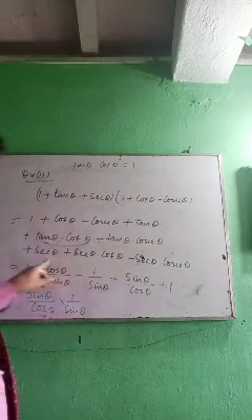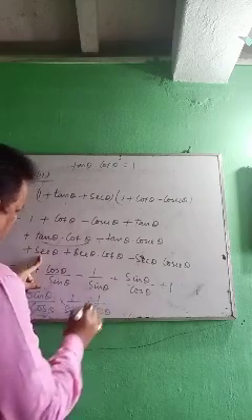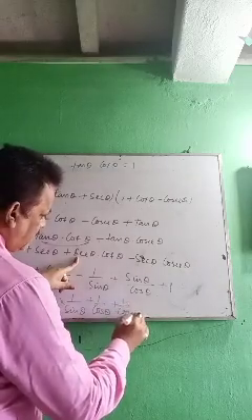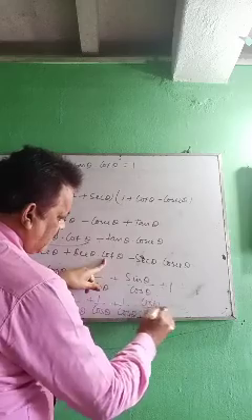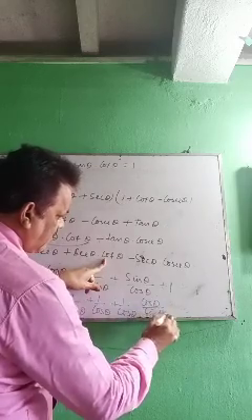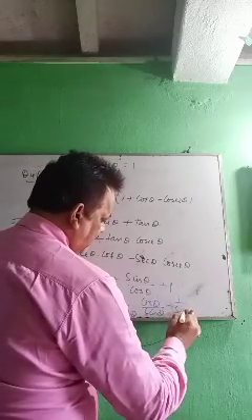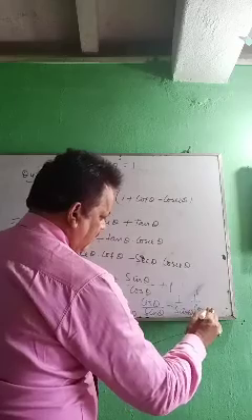This is gone. Then sec theta is 1 by cos theta, into cot theta, which is cos theta by sin theta, minus sec theta, which is 1 by cos theta, into cosec theta, which is 1 by sin theta.